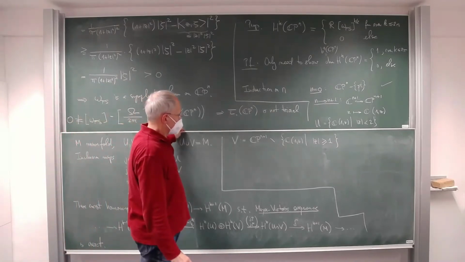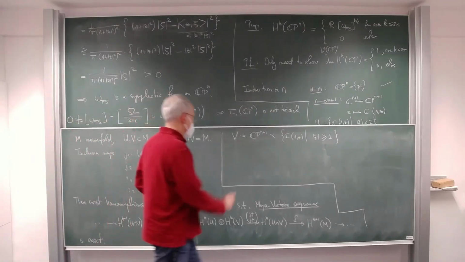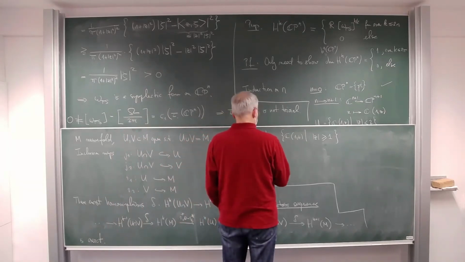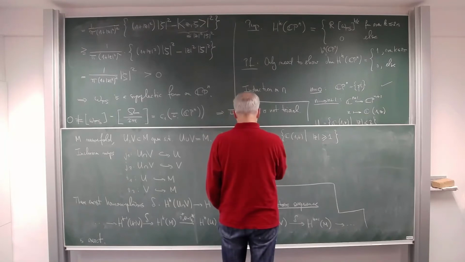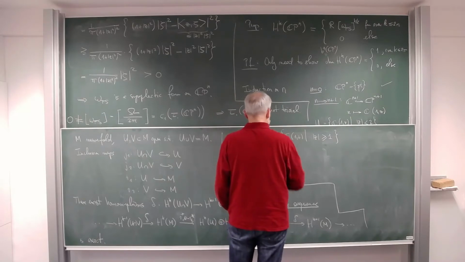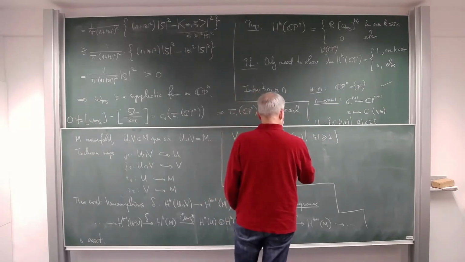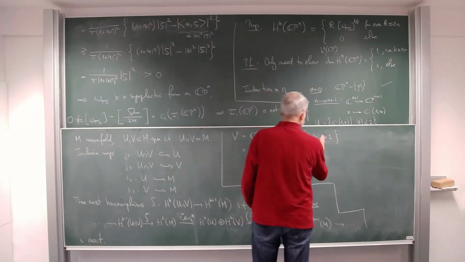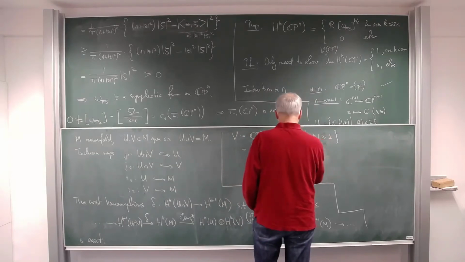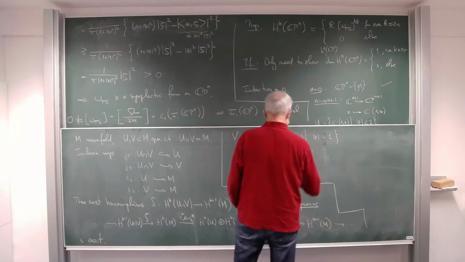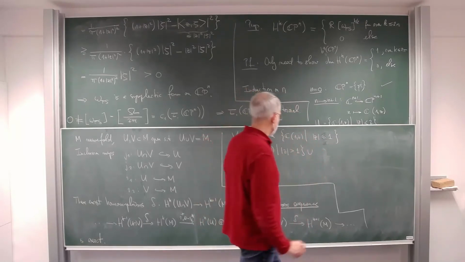All right. And so what is this? Let me write it down again. So this is the set of all those lines for which z is larger than 1, but also those which are not contained in this chart.